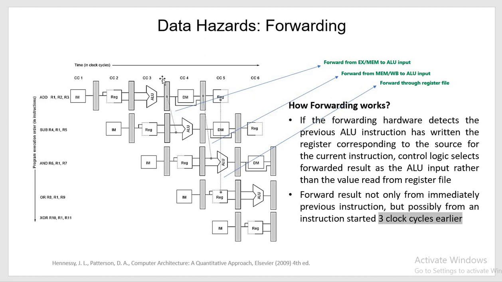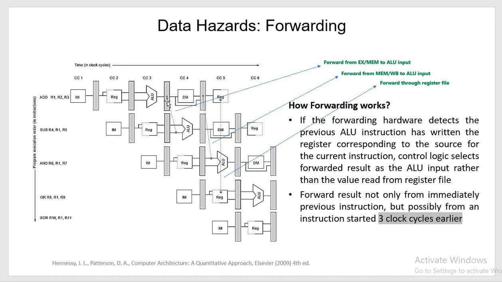This particular latch is called the execute/memory latch, because it is a set of registers in between the execution stage and the memory access stage. So the data will be ready after this.